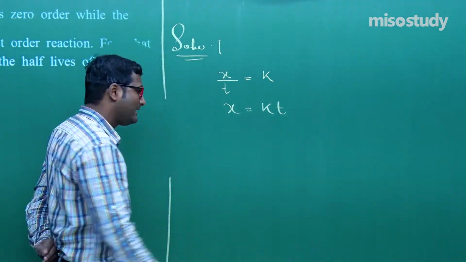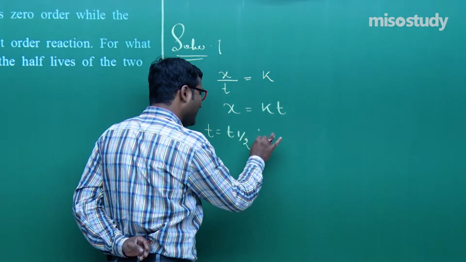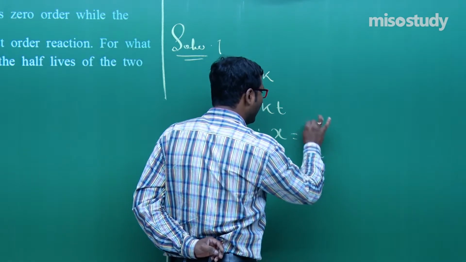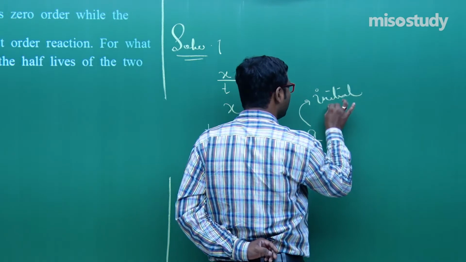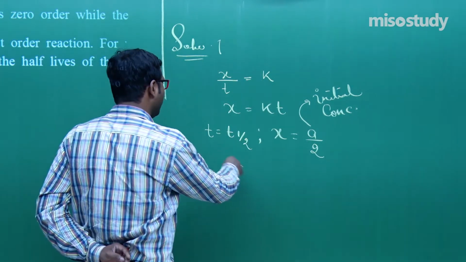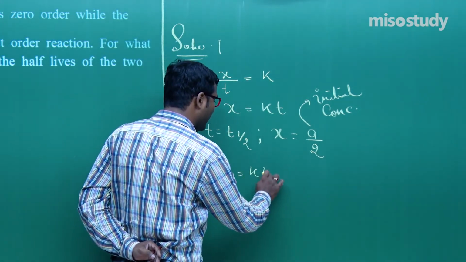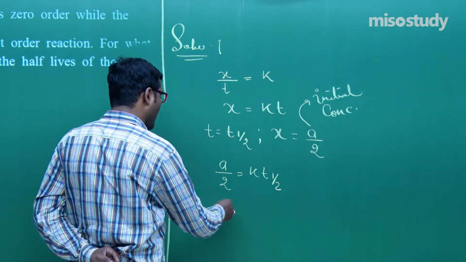If t is equal to t half, then assume x is equal to a by 2, and a is nothing but the initial concentration. Clear? Now put this value, that is a upon 2 is equal to k t half. Clear?